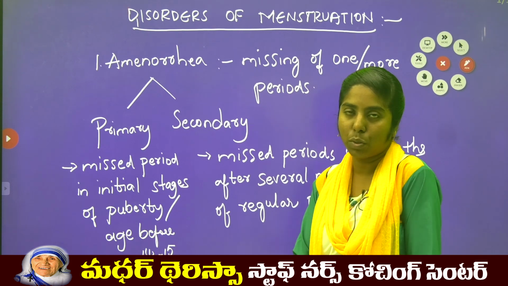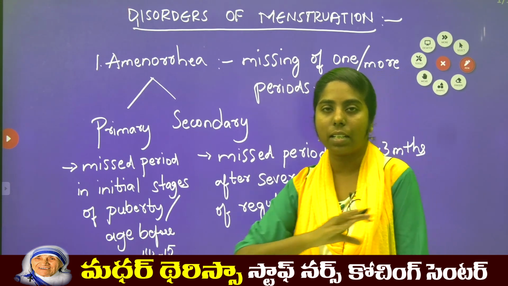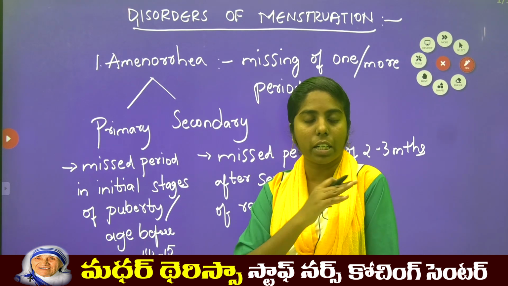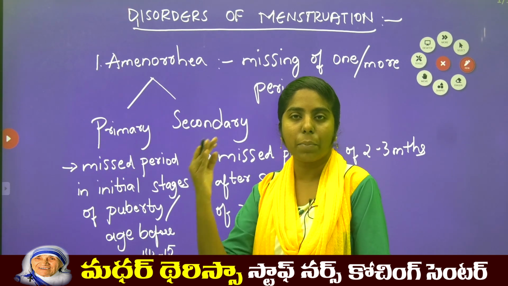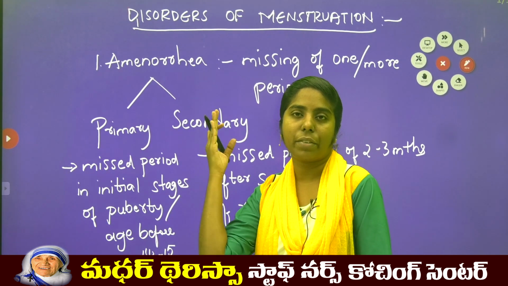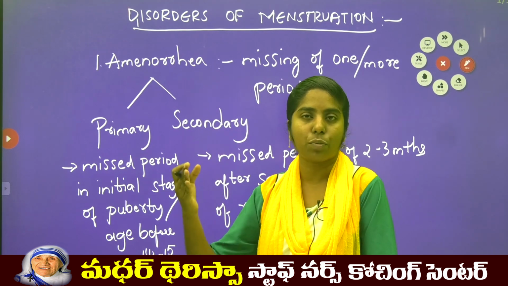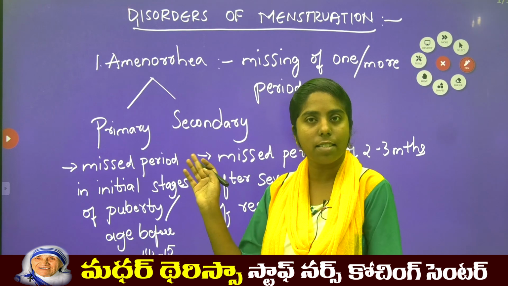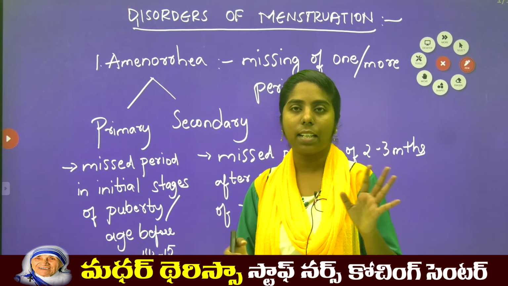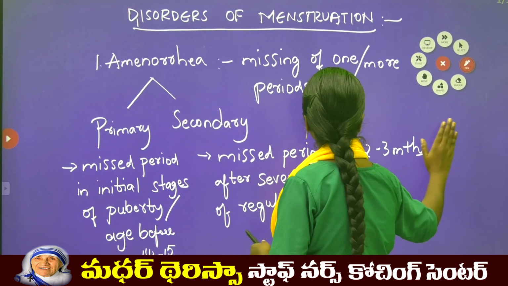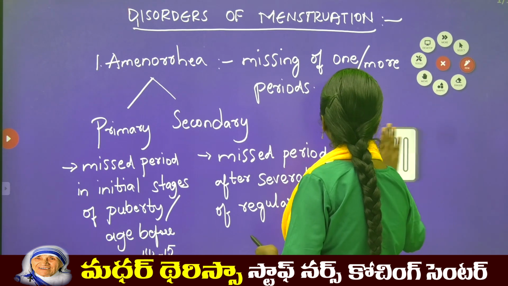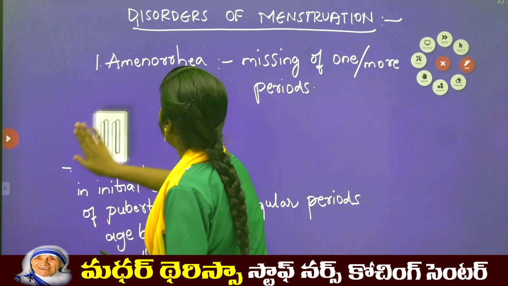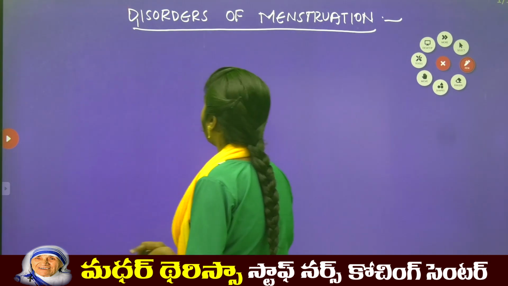As I told you, if she has regular periods for about 4 to 6 years after attaining menarche, but at some point, for example at the age of 17, she misses periods for 2 to 3 months, then it is considered secondary amenorrhea. Clear? Next we'll discuss in detail the causes and risk factors of primary and secondary amenorrhea.